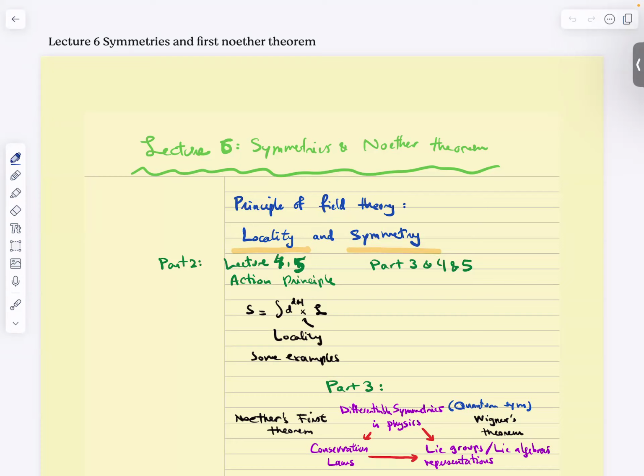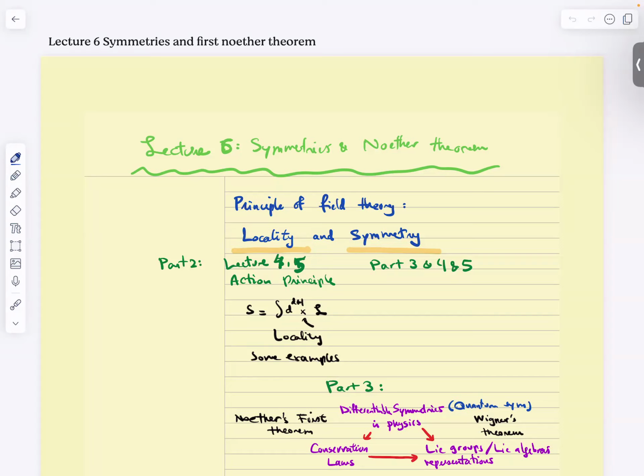So we talked about locality in 2 lectures, right? We said this is a principle of field theory. Another principle that we mentioned is symmetry. So this was section 2 of the course. Symmetry will consume us for a while.